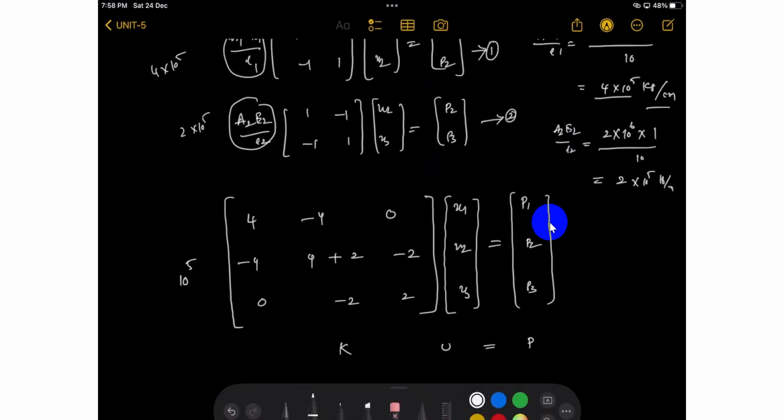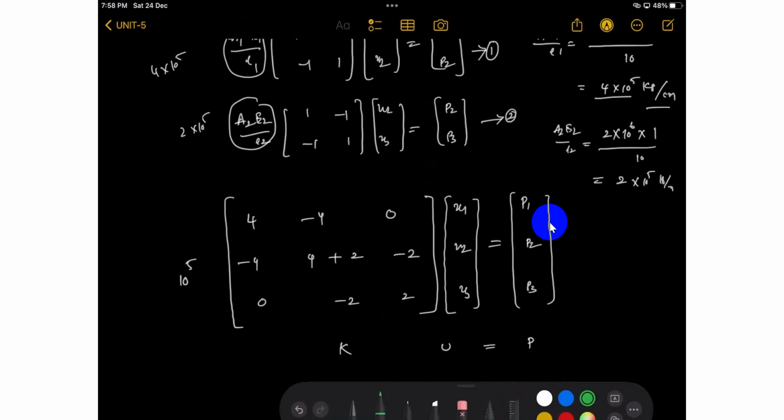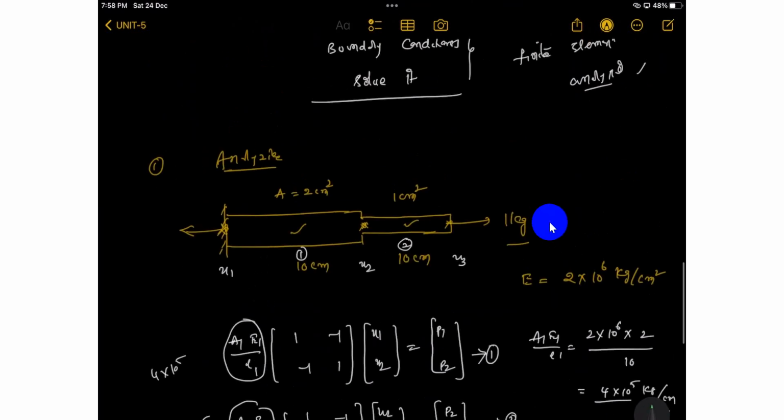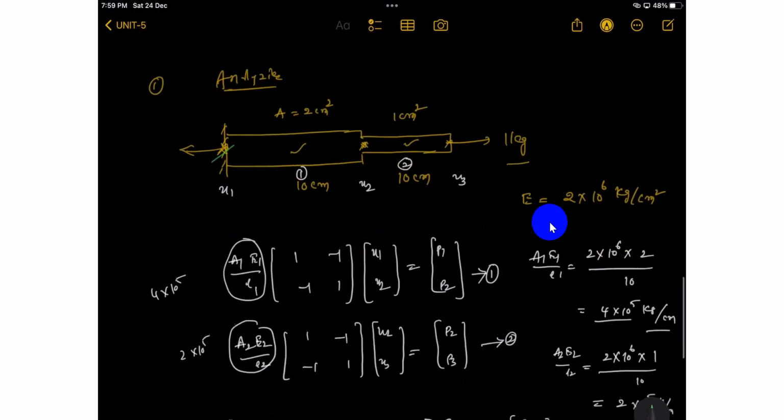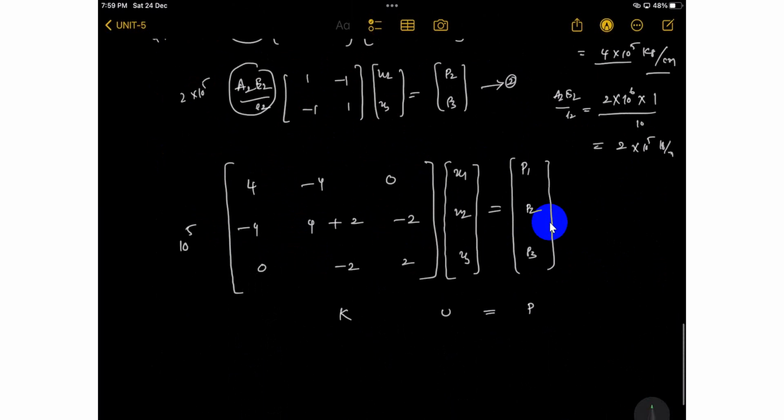Now you can see the boundary conditions. What are the boundary conditions here? u1 is 0. Understood? There is no displacement at the location of node 1, so u1 is 0.